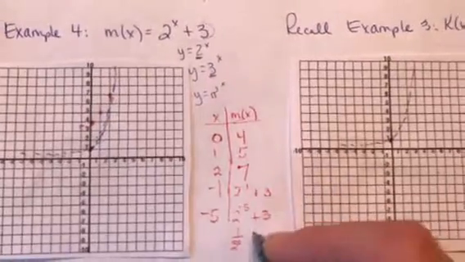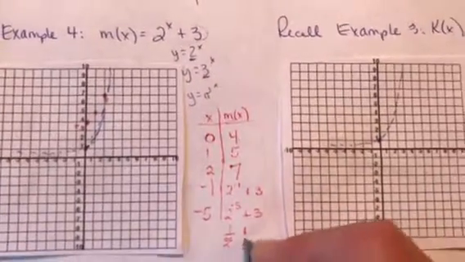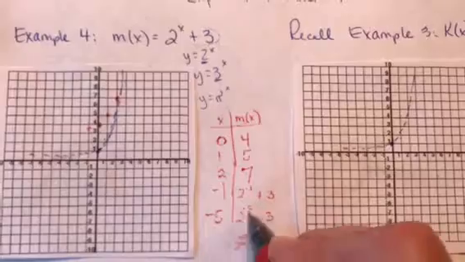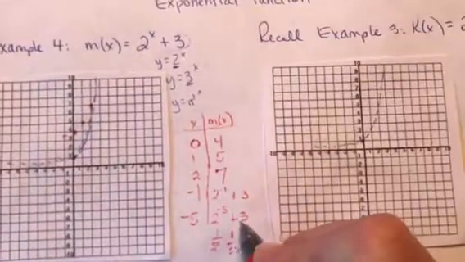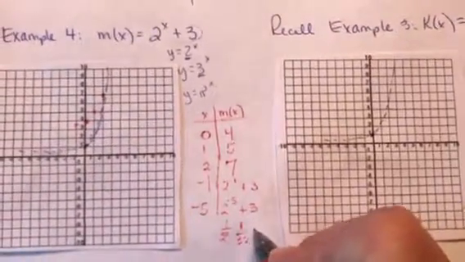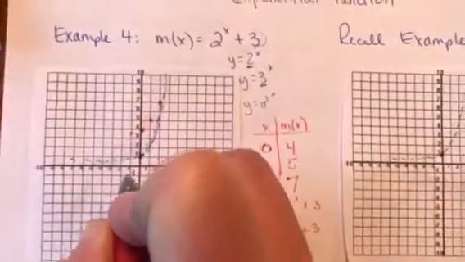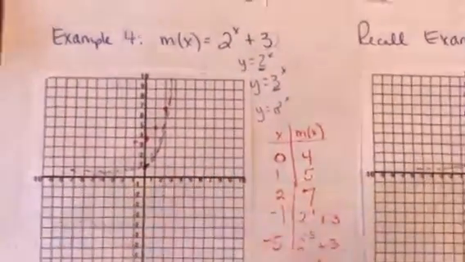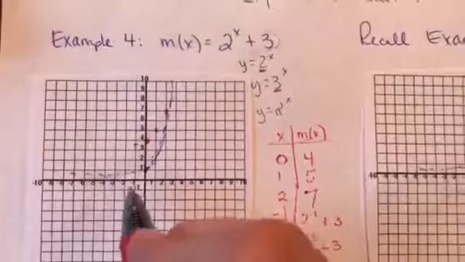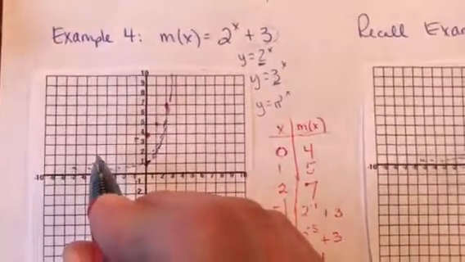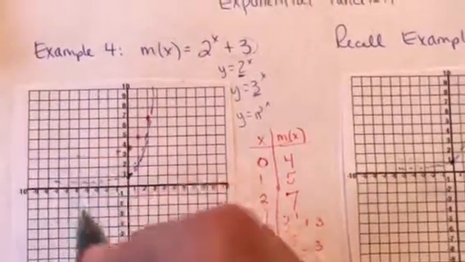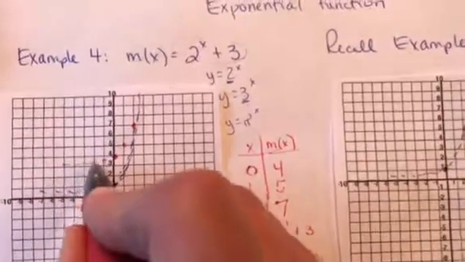This is a tiny, tiny value plus 3. So you can see it's still bigger than 3, but just barely, and that's going to be the case. When I'm way over here at negative 5, we're just barely, barely above 3. So you can see that it's getting really close to 3.